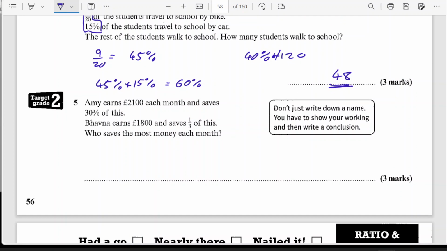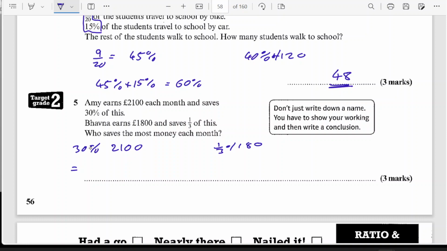Right, question 5. Amy earns £2,100 each month and saves 30% of this. Bavin earns £1,800 and saves a third of this. Who saves the most money each month? So we want 30% of 2,100, and we want 1/3 of 1,800.